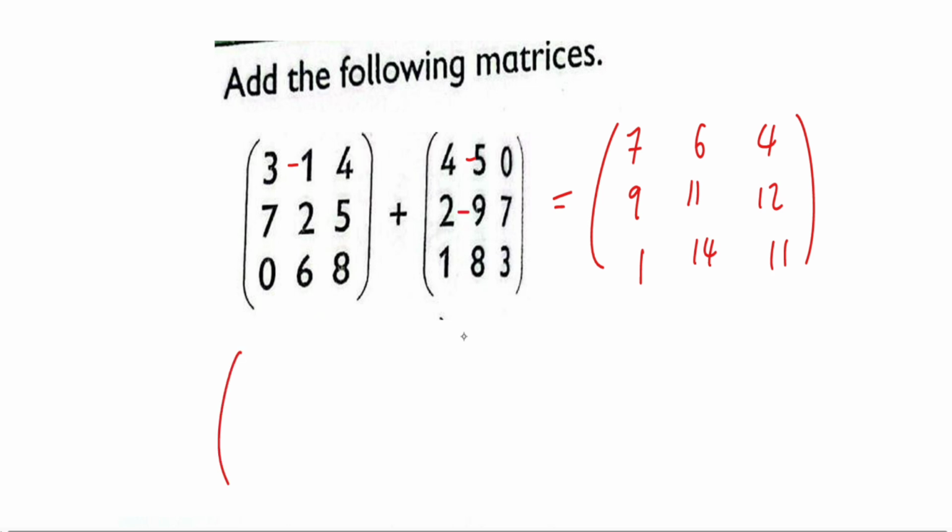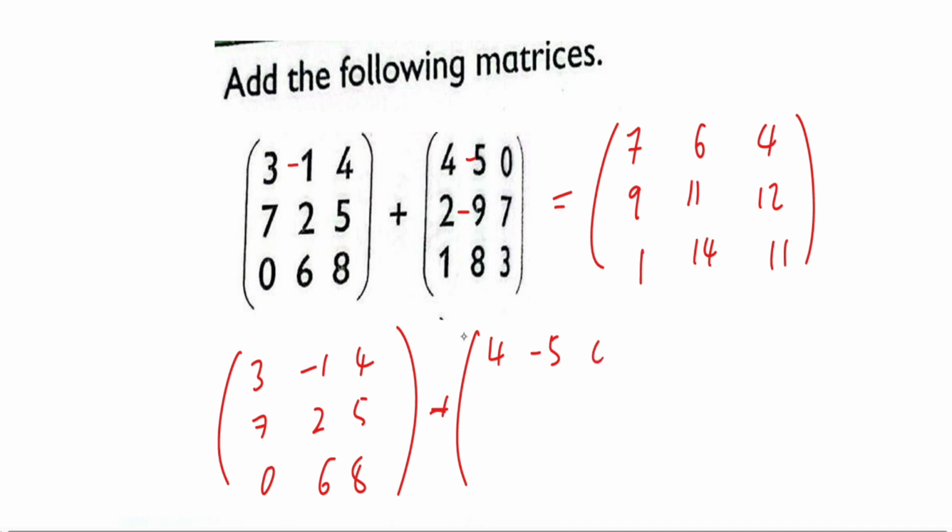So let me rewrite it and say 3, -1, 4, 7, 2, 5, 0, 6, 8, plus 4, -5, 0, 2, -9, 7, 1, 8, and 3. Then you add them the same way, but the answers will be different.